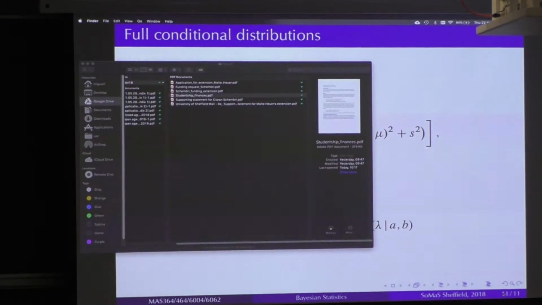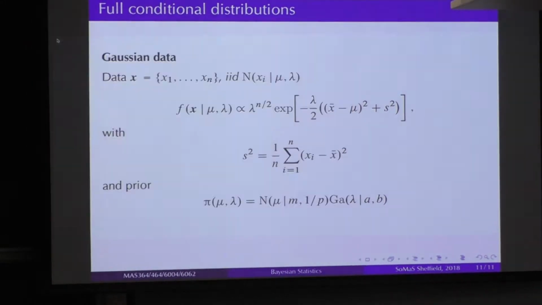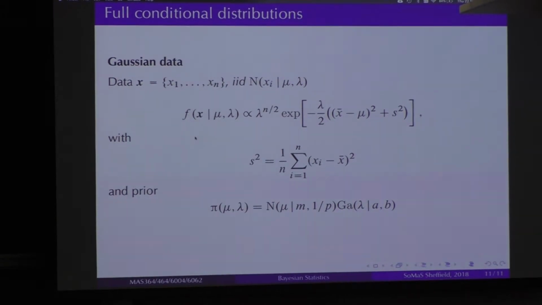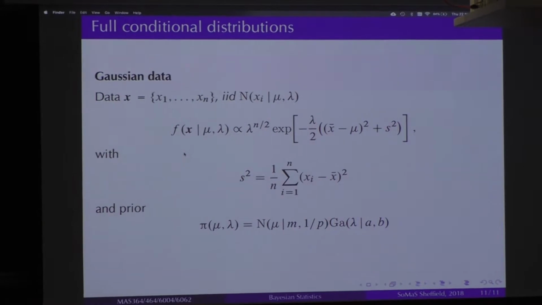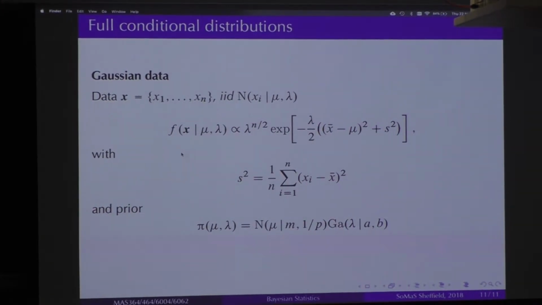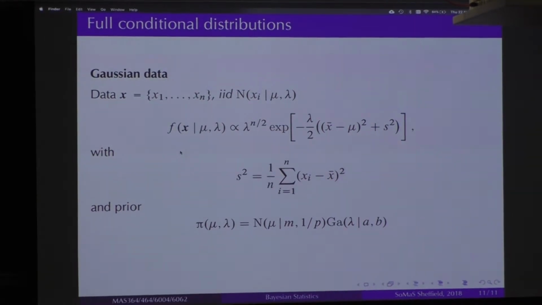So that's not what I wanted to show. Yeah. So the plan for today, I will just go through this example again quickly to make sure that we understand what was going on. And then I will talk a bit more in detail about the model for the hospital mortality rates.